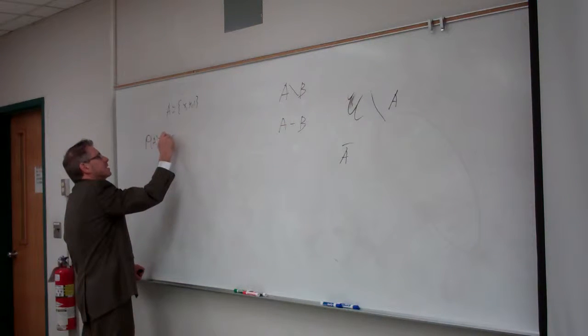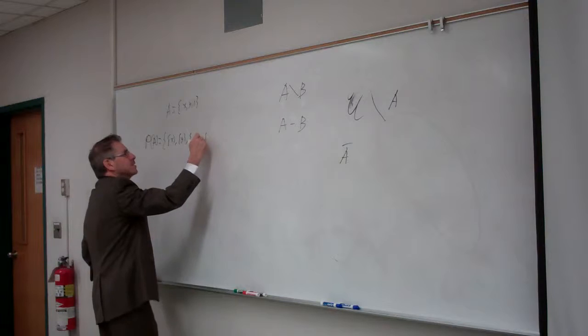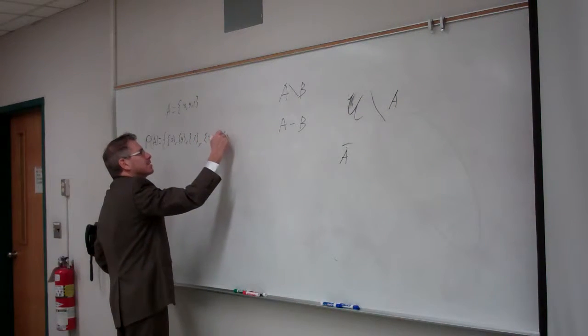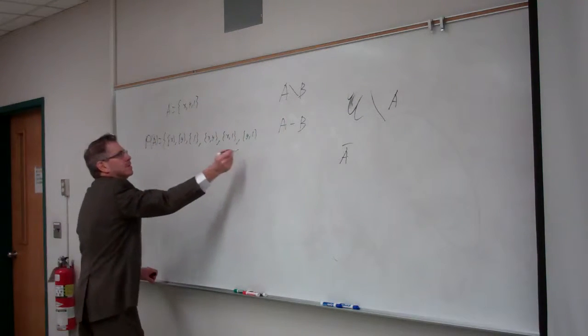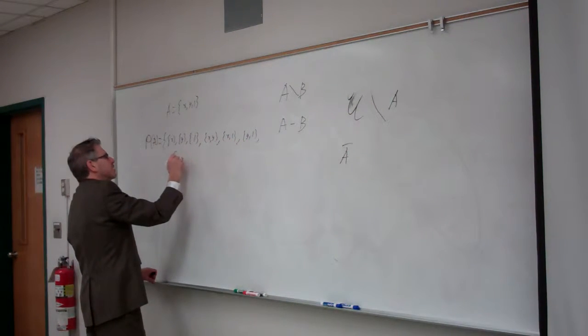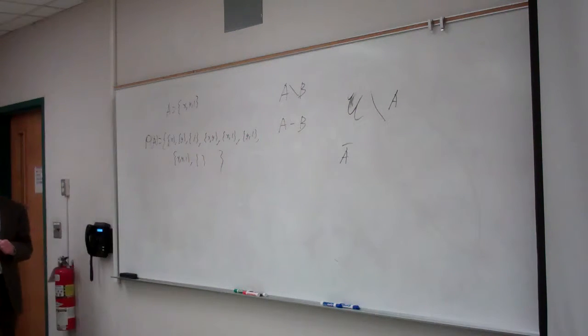It contains a set X, a set Y, a set 1, a set XY, a set X1, a set Y1, a set XY1, and the empty set. So all possible subsets.